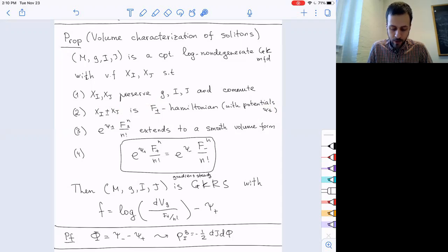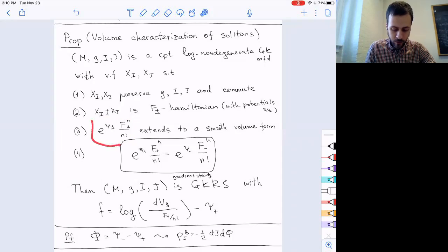And I also assume that this volume form, which is initially defined only where F plus is defined, and F plus is defined only when I plus J is invertible, so only on an open proper subset of your manifold, actually extends to a smooth volume form on the entire manifold. And we saw that this is necessarily true on a soliton.